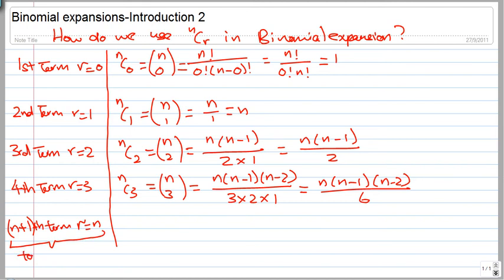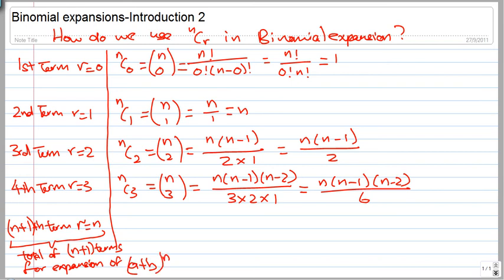So a total of n plus 1 terms for the expansion of a plus b to the power of n.